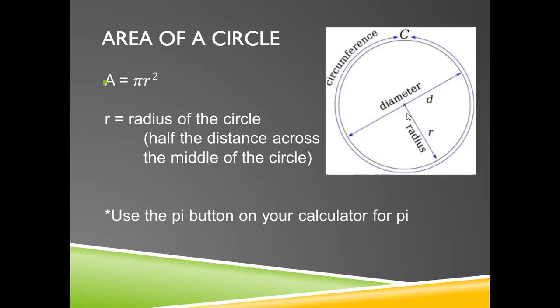And the length between center of circle to the one end of the circle is called the radius. Do you know this? Okay. What is the difference between diameter and radius? Radius is half of the diameter.